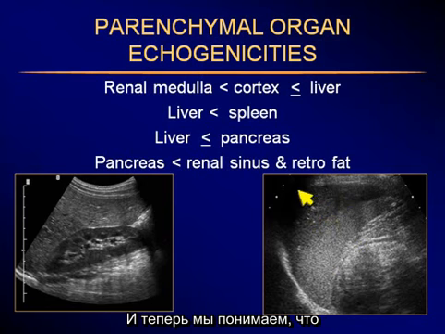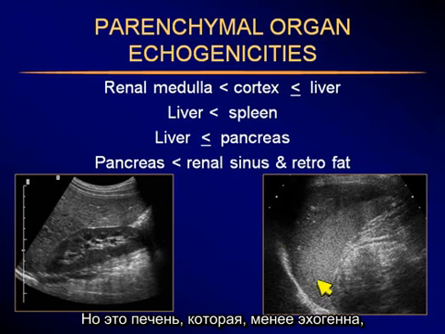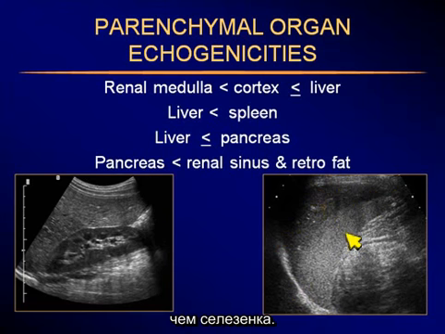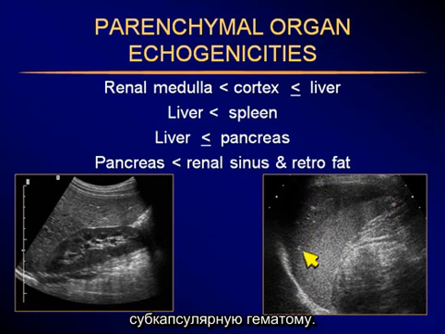And then we realize that this is liver. This is the left lobe of the liver going all the way across to the left, hugging the spleen, so that it looks like it's a part of the spleen, and it isn't. So this is liver, which is indeed less echogenic than spleen. And this is not to be mistaken for a subcapsular hematoma. Sometimes this is mistaken in the spleen. So there's our proof.